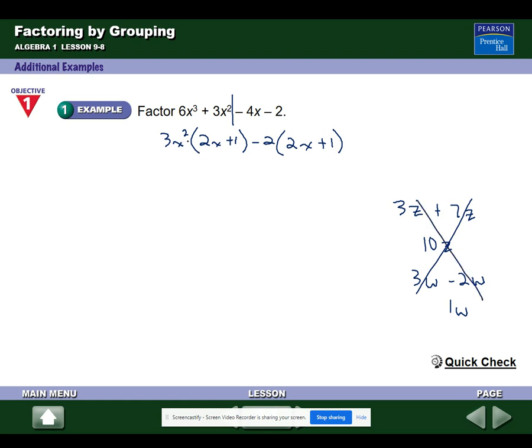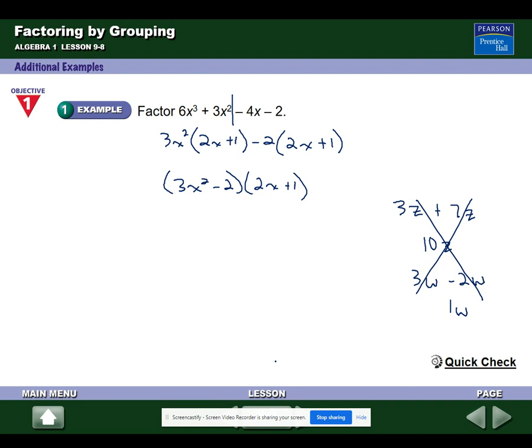You have 3x squared of the 2x plus 1s. Now that may sound weird to say, but that's sort of a possessor there. Here you have negative 2 of the 2x plus 1. 3x squared of the 2x plus 1 minus 2 of the 2x plus 1. Just like I added the 3 and the 7 here, I'm going to add the 3x squared and the negative 2 in its own set of parentheses: 3x squared minus 2, times 2x plus 1.